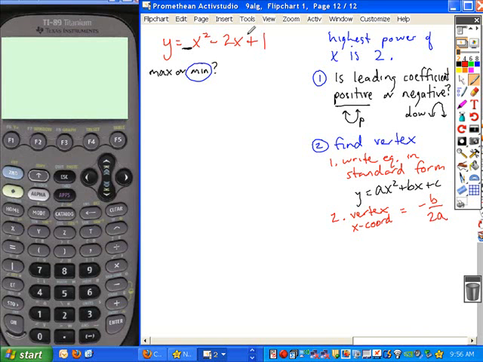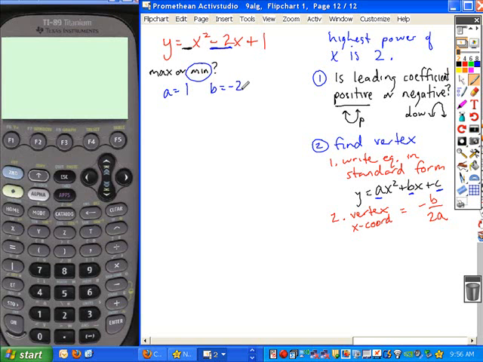So if you take this equation here, it's written in standard form. So we could find the values for a, b, and c. A, b, and c are just the coefficients, the numerical multipliers of each of those terms. And so if you look here, what is the a value in this sample equation? What's the unwritten coefficient in front of x squared? 1. What's the b value?